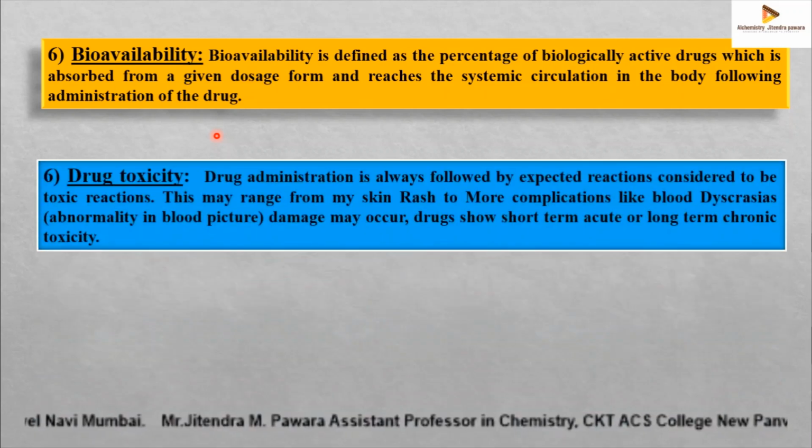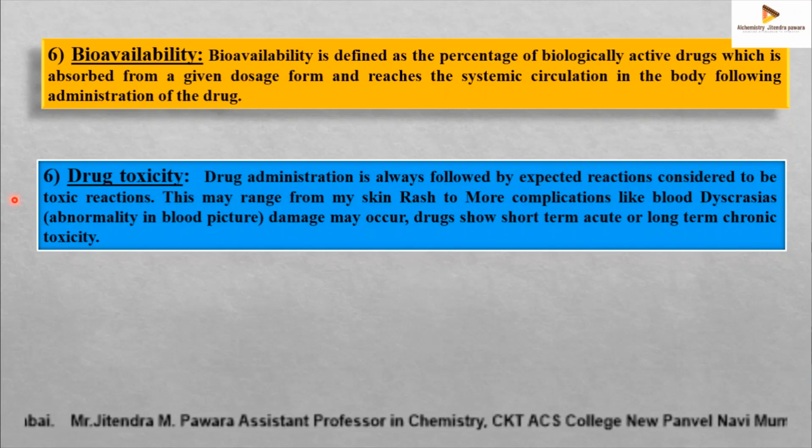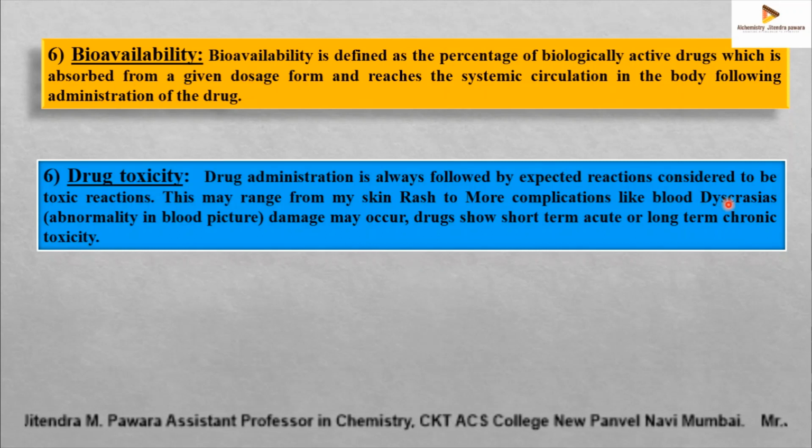Then the next point is drug toxicity. Drug administration is always followed by an unexpected reaction, considered to be a toxic reaction. This may range from skin rash to more serious complications like blood discrepancies, which means abnormality in the blood picture.